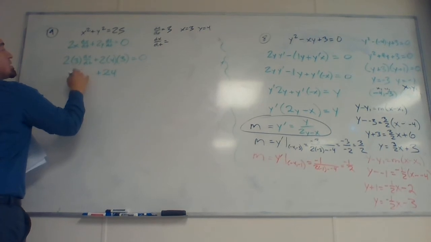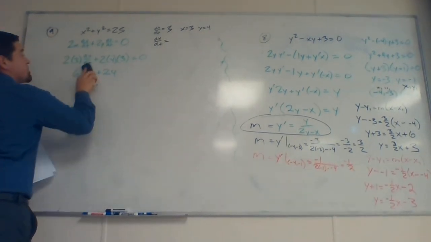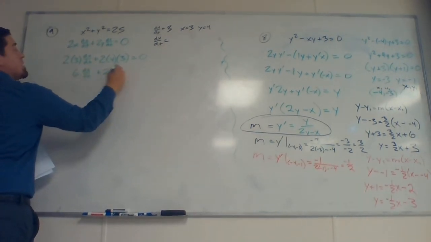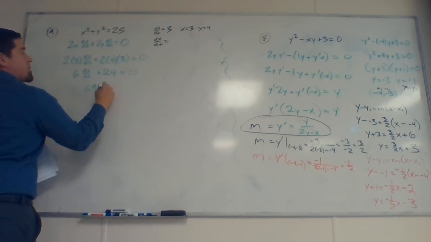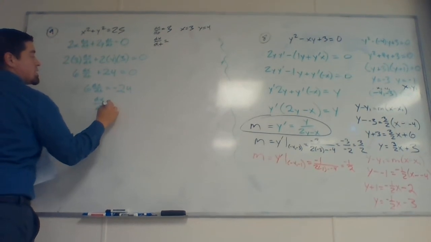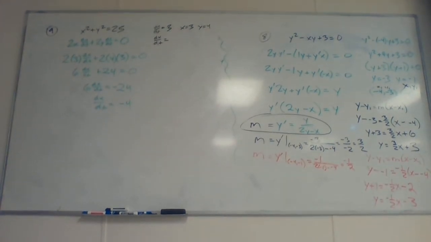That's 6 dx/dt plus 24 equal to 0. Subtract 24, divided by 6. That's negative 4. Okay, so we've solved for dx/dt.